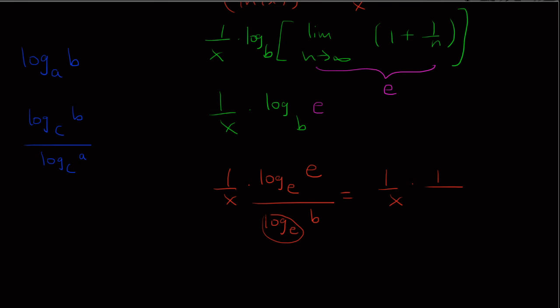Log base e is just natural log, so you just have natural log of b, and so we can rewrite this as 1 over natural log of b times x, and that would be the derivative of log base b of x.